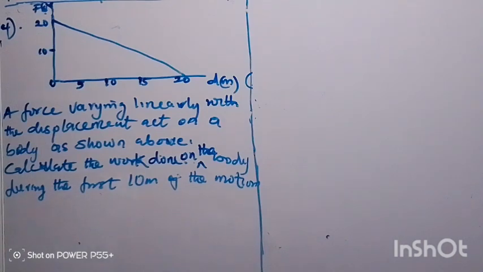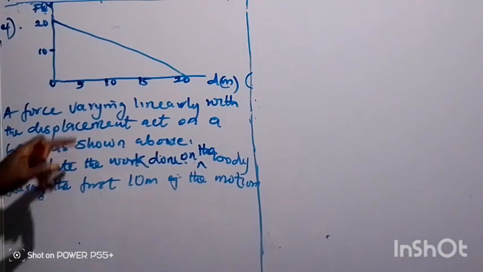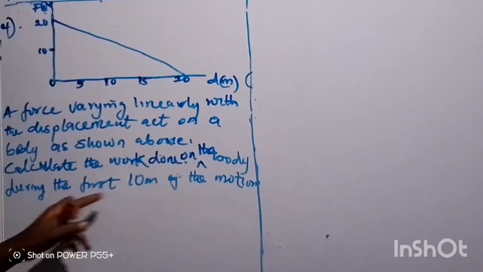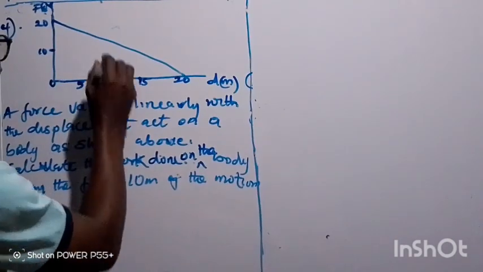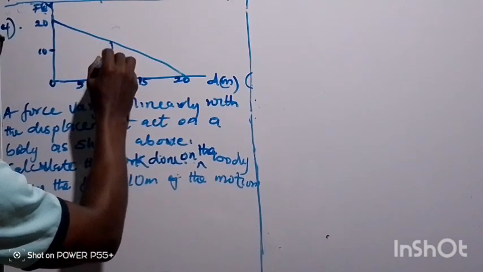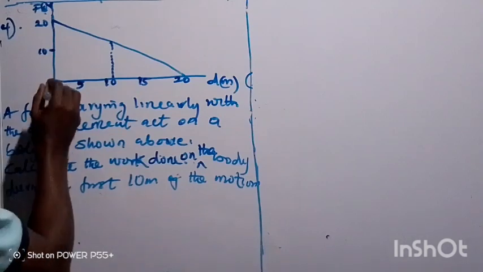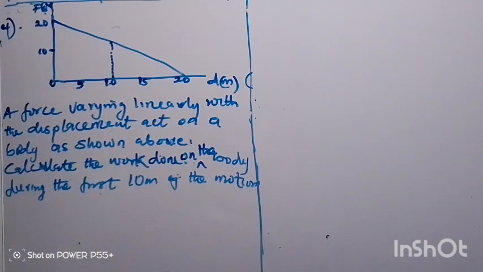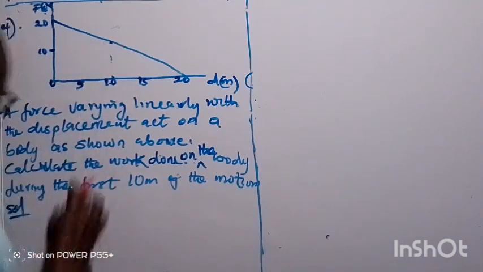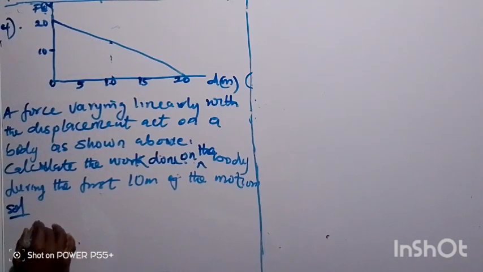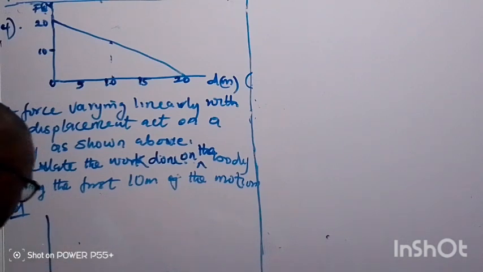We have to calculate the work done on the body during the first 10 meters, and this is the 10 meters. You draw it like this, that is from here to here. That's the first 10 meters. Solution: if you redraw this diagram to fashion the question, it will give us something like this.